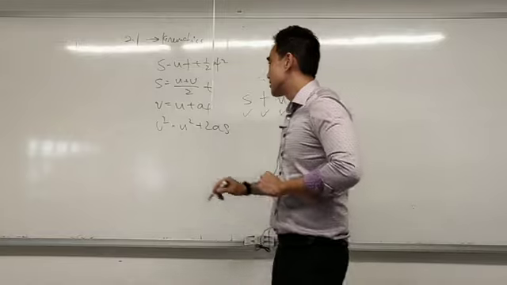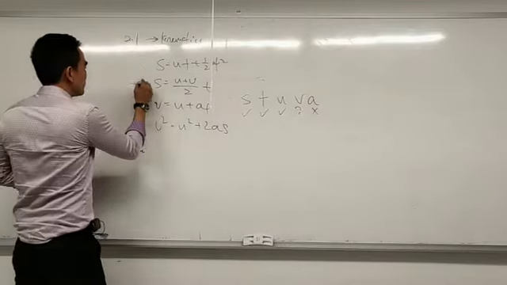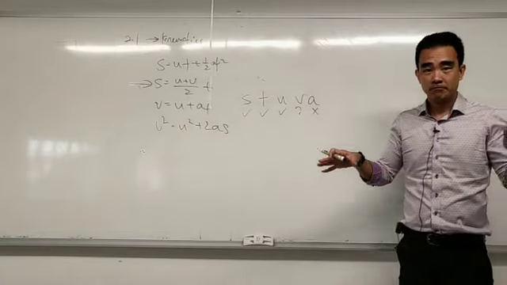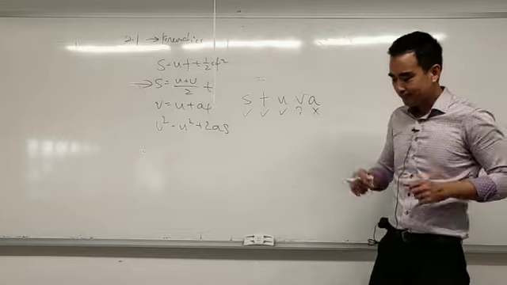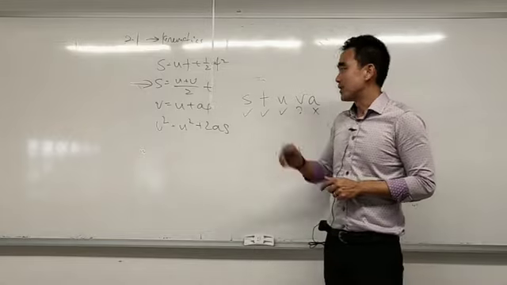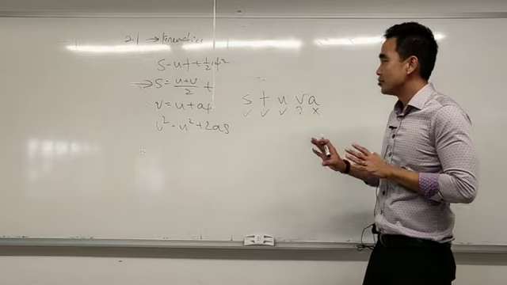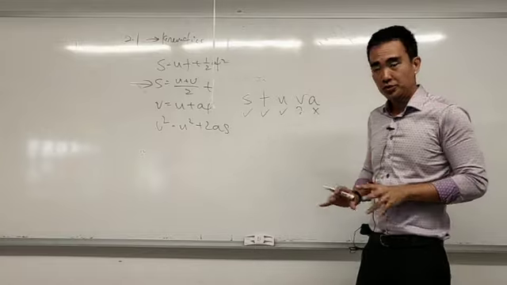So it is always easier for you to find an equation that doesn't have the quantity you don't need. For whatever reason, psychological or cognitive reasons, it's easier to find the equation without the quantity that you don't need.